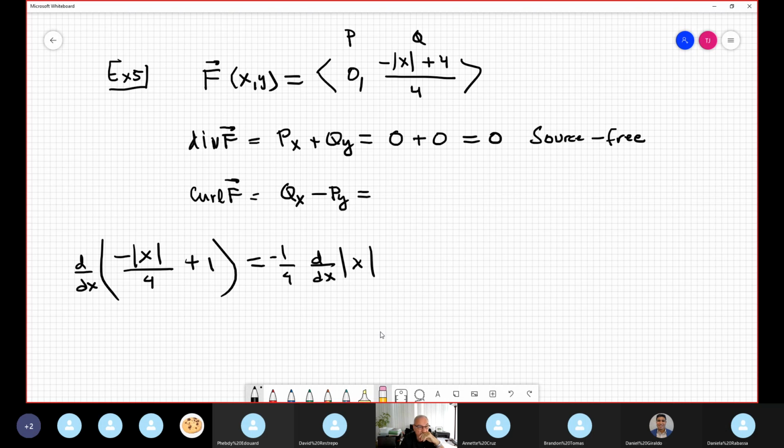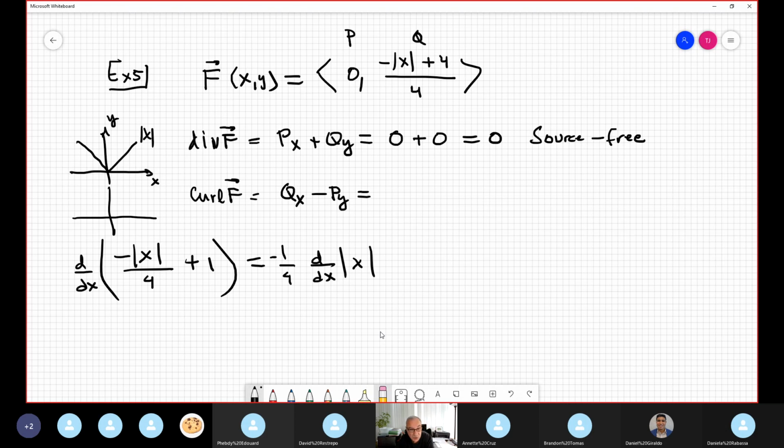Absolute value, remember, let me try to explain. This is calculus 1. The absolute value function looks like that. I know that the derivative is the slope of the tangent line. So I try to graph the derivative of the absolute value. In the first quadrant the slope is positive 1.